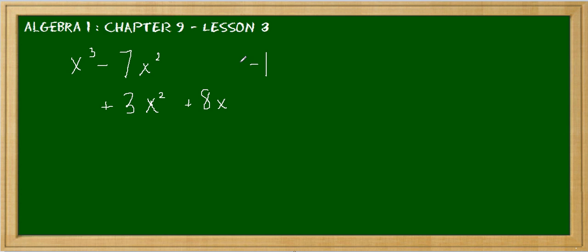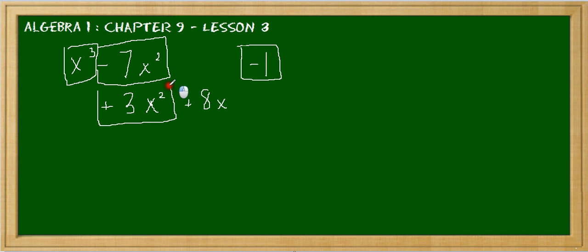And it allows us to line these up in a way that we can see them better. Okay, so what do we have? Well, we have x cubed, we have a negative 7x squared, and we have a -1. And over here we have a positive 3x squared and a positive 8x.